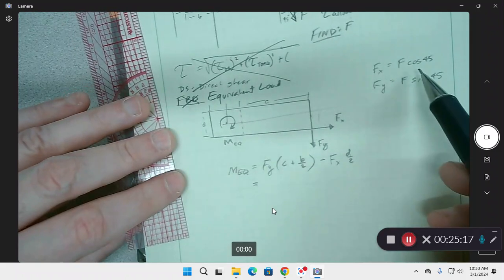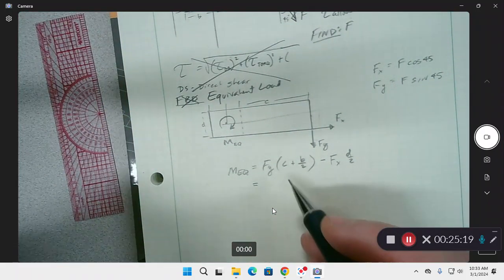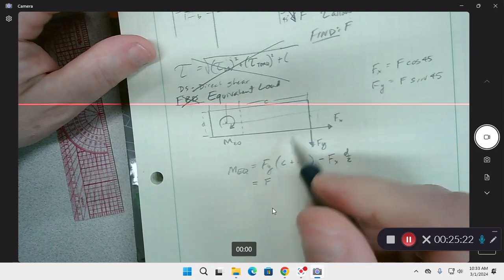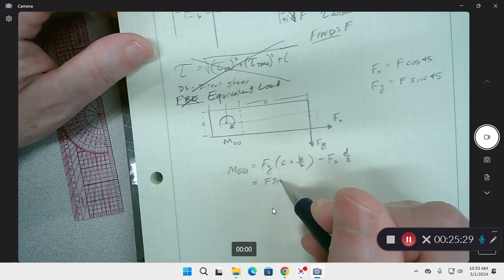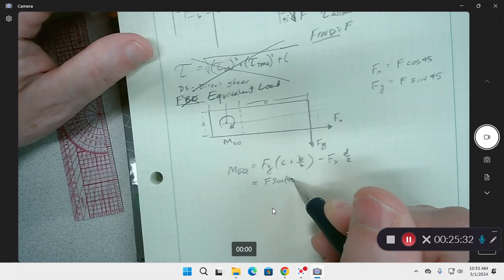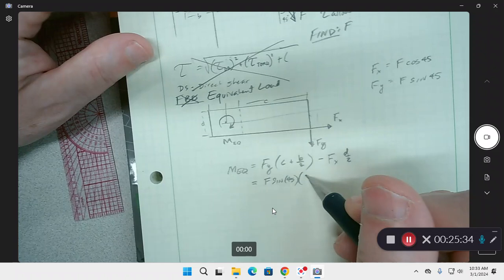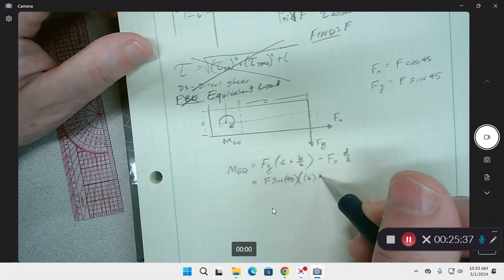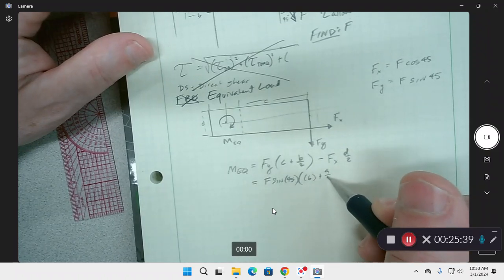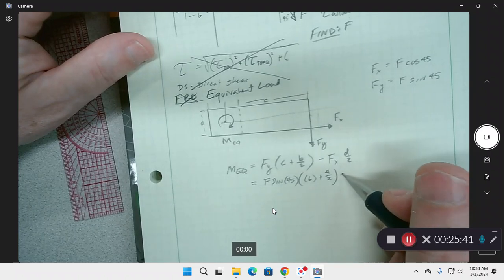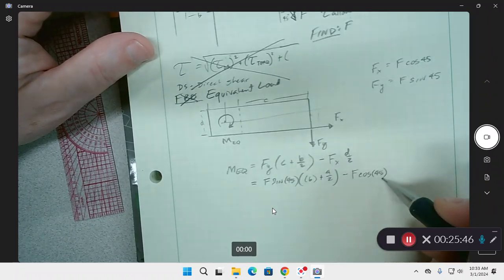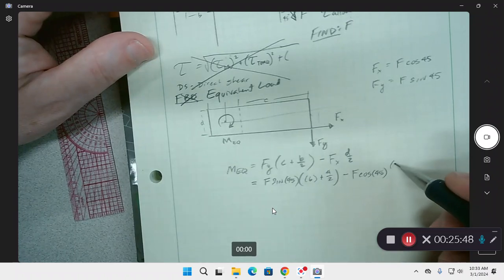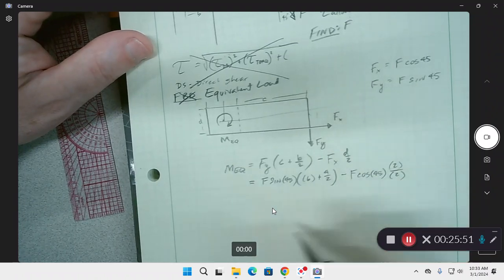Because we're trying to find F, it's probably in our best interest to work all of these things out and come up with a single number to put against F, just to make life a little bit easier so we don't have to carry around all these values. So C is 6, and B is 4 over 2, and this is F cosine 45, and D is 2 over 2.